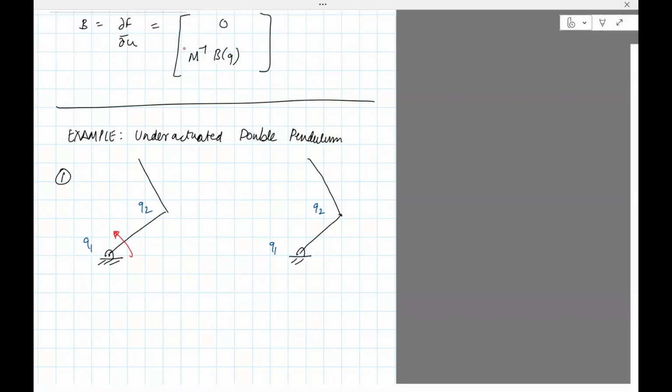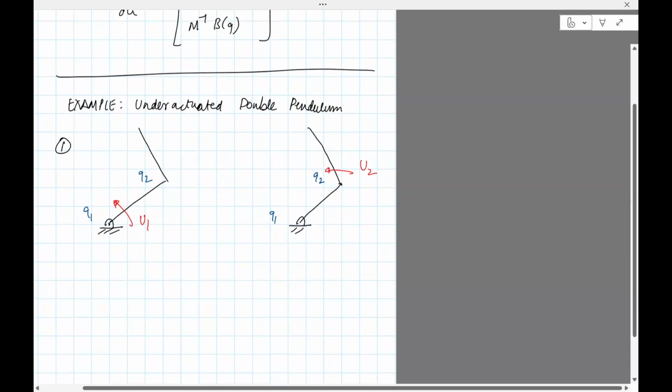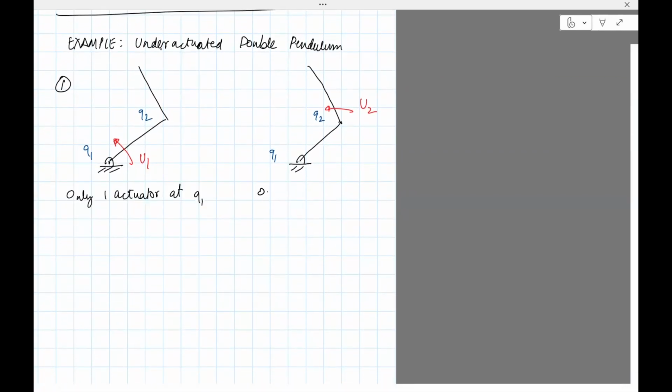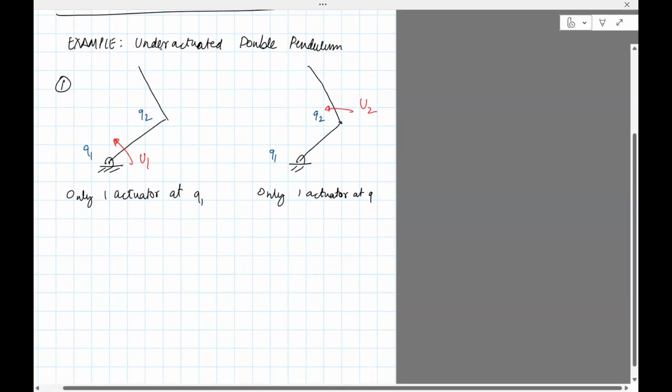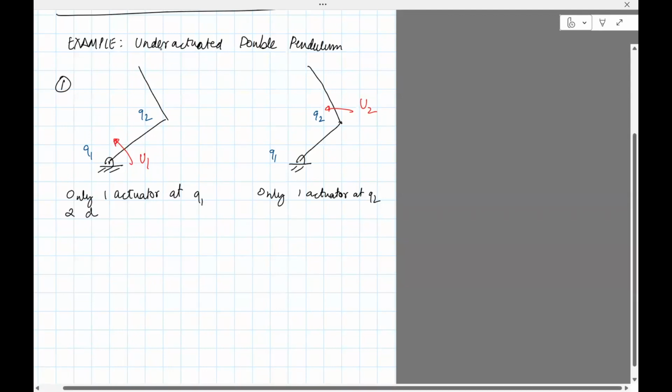However, what if you only had 1 actuator? So here, for the left case, you have only 1 actuator at Q1. Here we have only 1 actuator at Q2. 2 degrees of freedom.